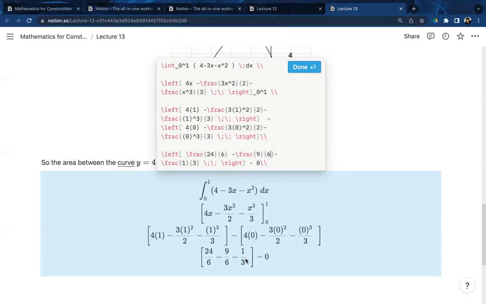And you multiply above and below by 2 here, a third is 2 over 6.